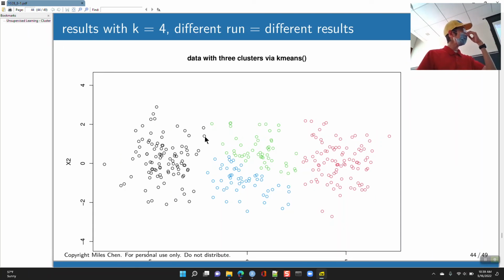That would be a sign to you that maybe this is not the universal number of clusters. But how many clusters is such an impossible question to answer. It really is.